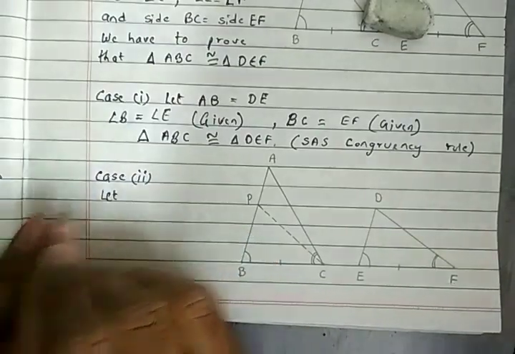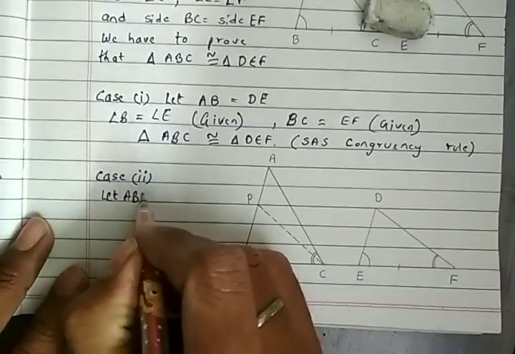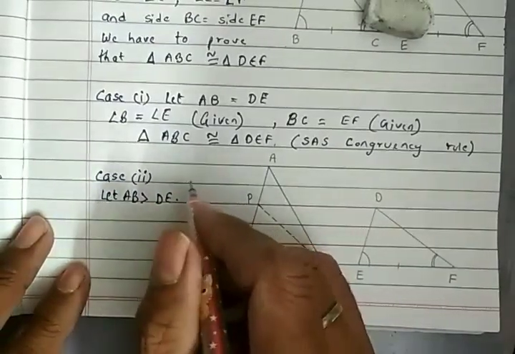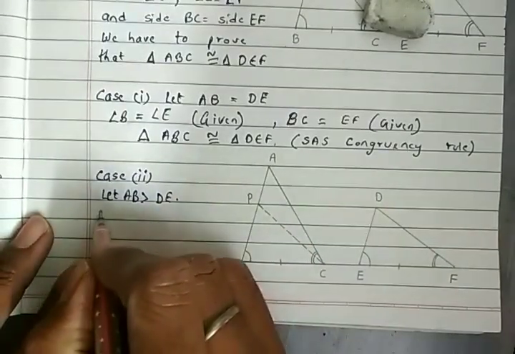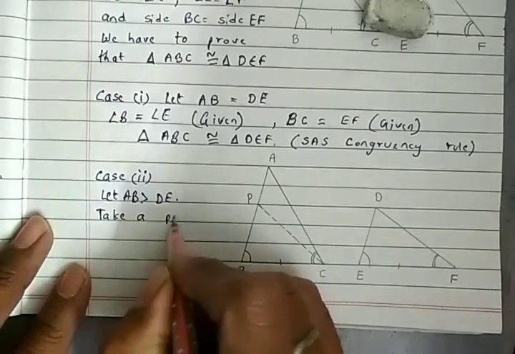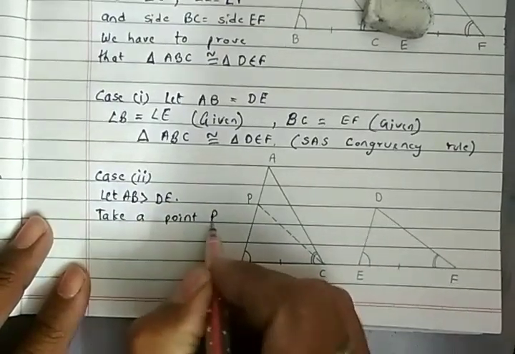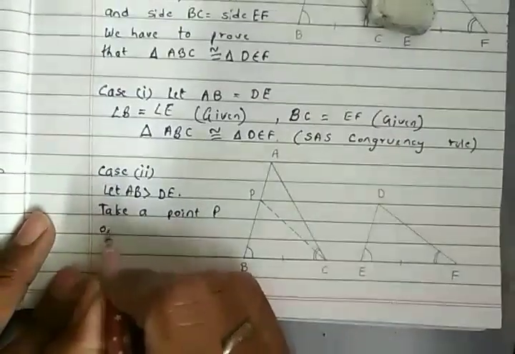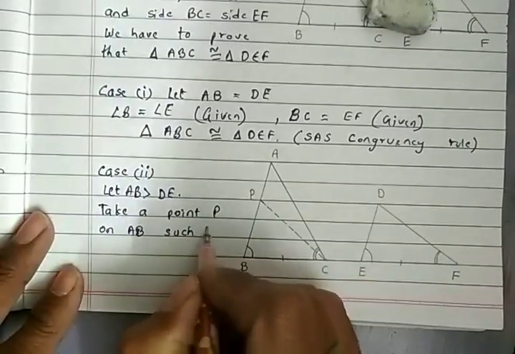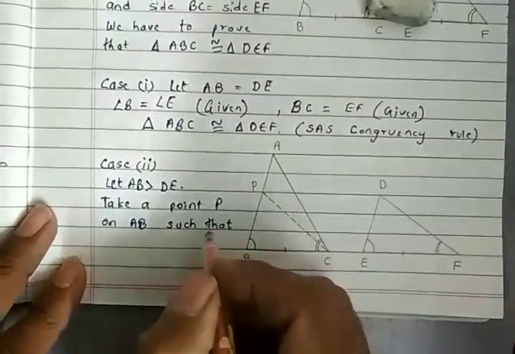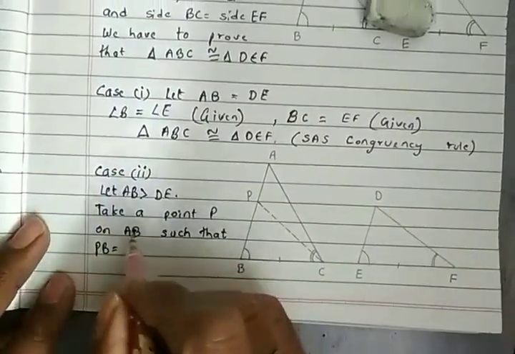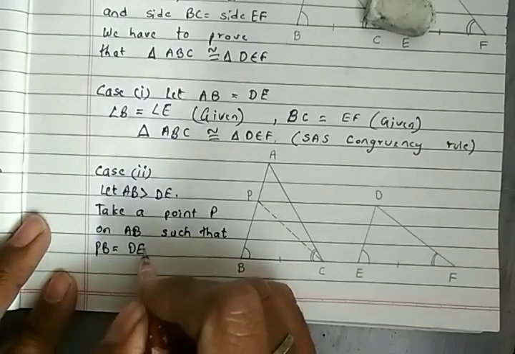Let AB be greater than DE. So we can take a point P on AB such that PB equals DE.